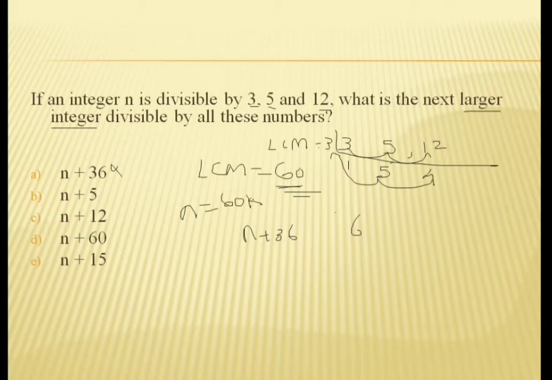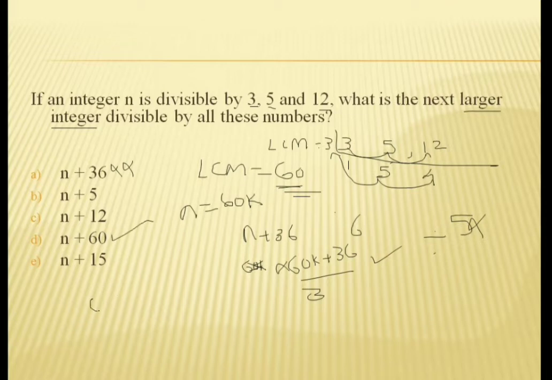So that is 60k plus 36, and obviously a remainder will be there, so it is not divisible by 60. It can be divisible by 3, that is fine, but by 5 it is not possible to divide, there will be a remainder, so option A is not matching.